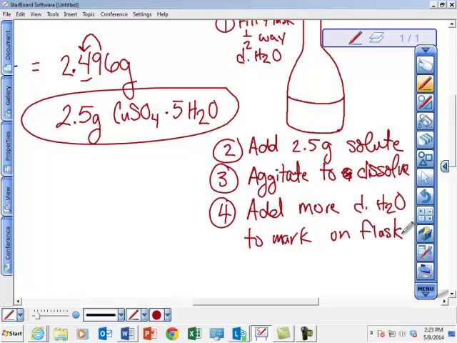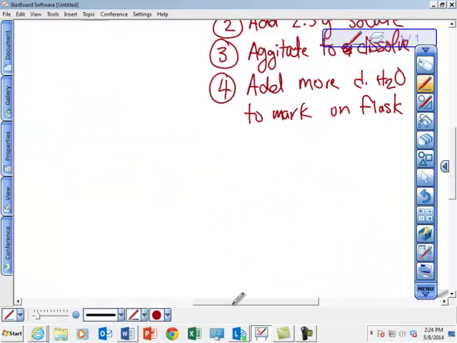A dropper. A dropper, like a little eyedropper, to get the volume precise on the line. And always make sure that when you're looking at the volume in the flask, you're at eye level and you're looking at the meniscus. You guys know what I mean? The bottom of the bubble? Alright. So there's your general answer for question 1 prelab.